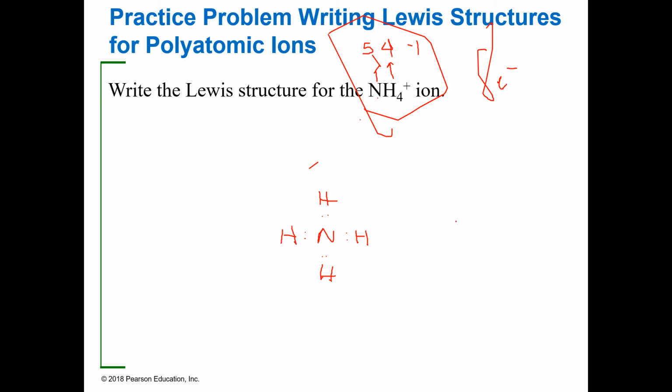So when we have an ion like this, I'm going to draw it with the bond rather than just the pair of electrons. We're going to put that in a bracket because it's an ion and put the charge outside of it. So that would be the structure for the ammonium ion.